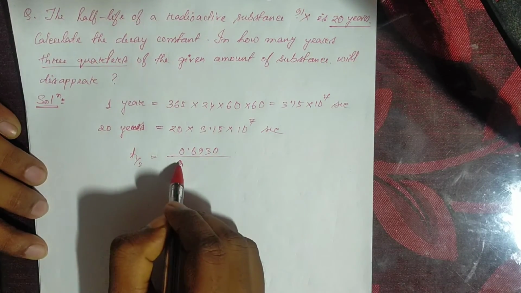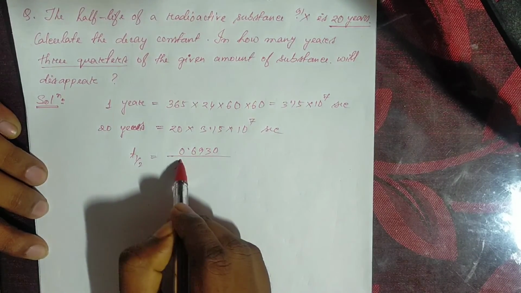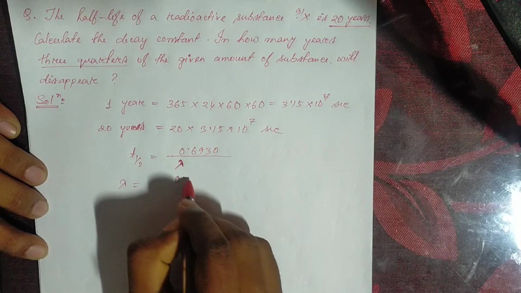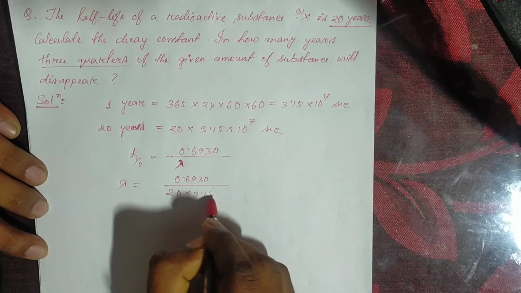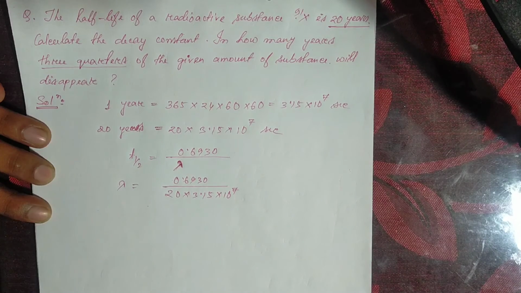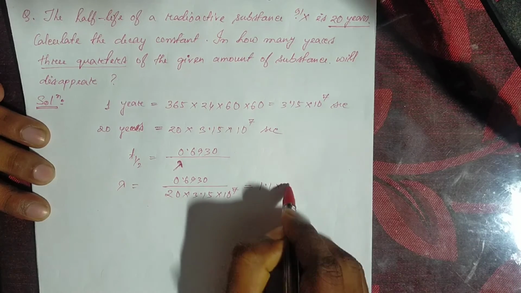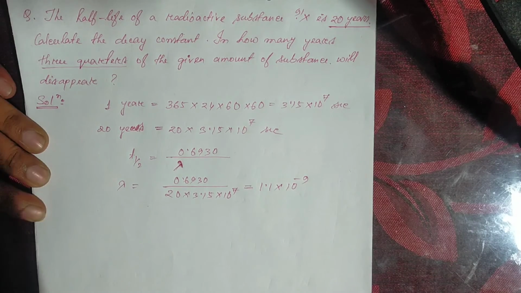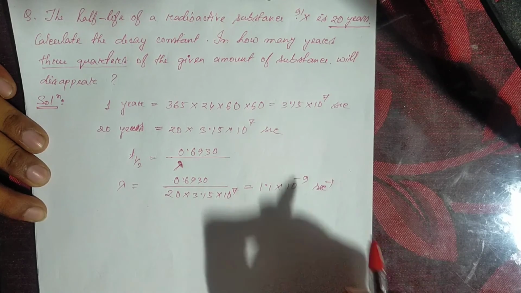First of all, we calculate the decay constant. It is 0.6930 divided by 20 into 3.15 into 10 to the power 7, which is equal to 1.1 into 10 to the power minus 9, and the unit of the decay constant will be second inverse.